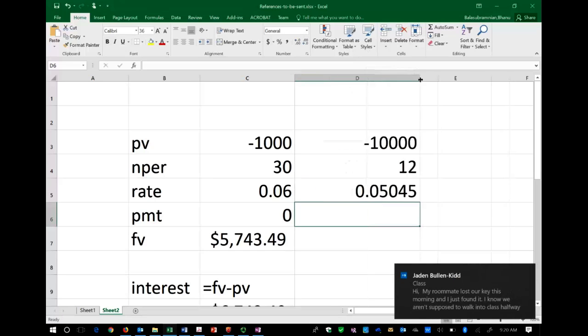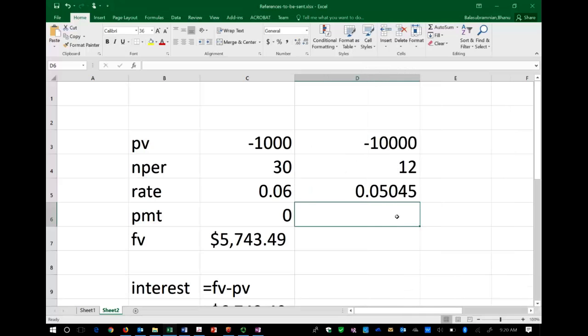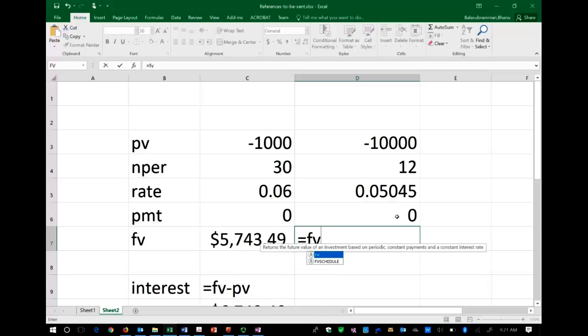Payment is 0. What is my future value? So, let me say future value is equal to, so if you just put the bracket, you get like this. This is what you will get in your exam. Okay?